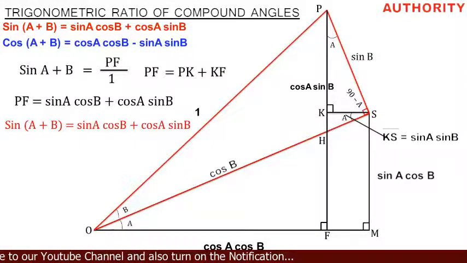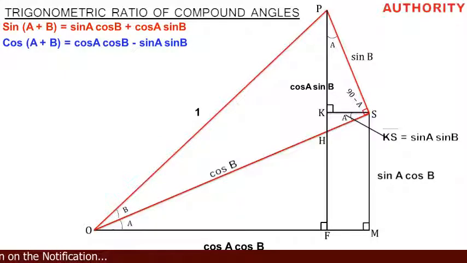All right, now let's go. We have found our PF. Now we want to find OF. In this triangle OPF, line OF is the adjacent, PF is the opposite, and OP is the hypotenuse.